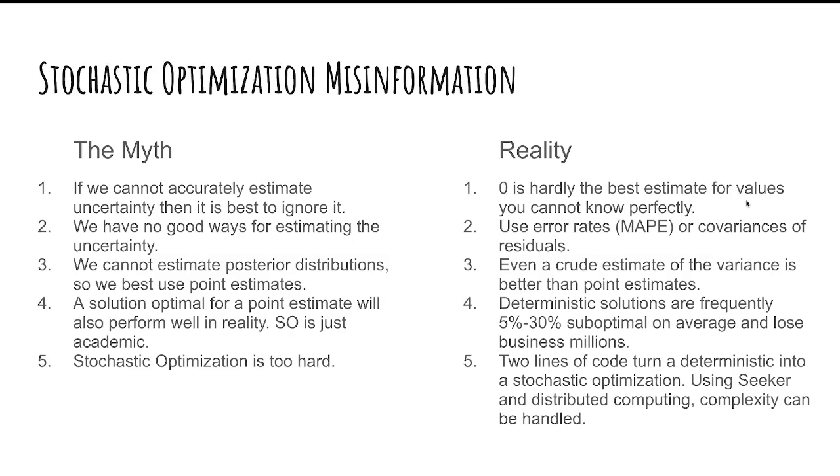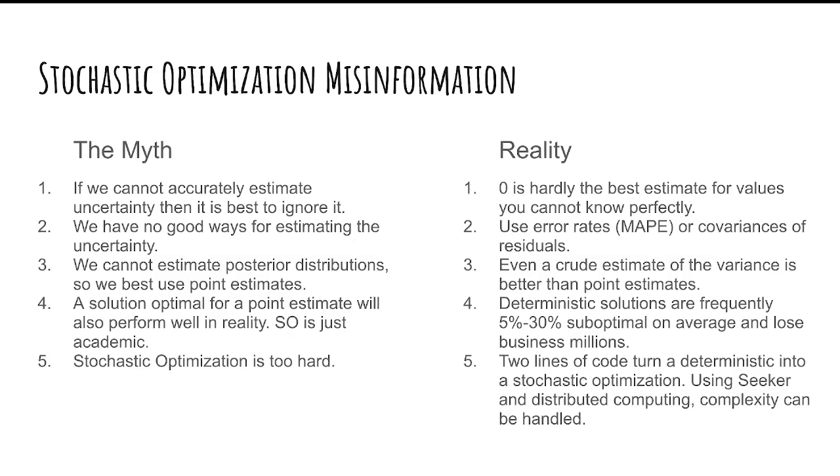You know that there is uncertainty. You can see it in the machine learning. When you build those estimates, you see that there were errors there, and you can use them to estimate it. So that gives us directly point number 2. We have no good ways for estimating the uncertainty. This is going to be a huge project for my machine learning team. I don't want that. Well, that's nonsense. It's very, very simple.